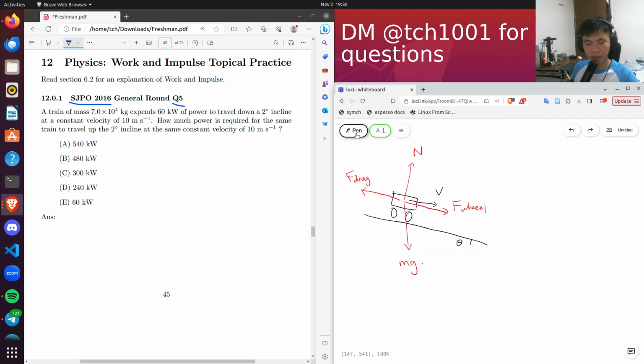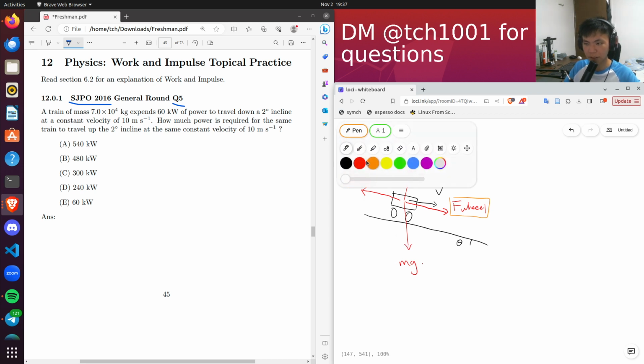So what can we deduce from this force body diagram? First of all, do note that the drag and the driving wheel force are parallel to the slope. And there's another parallel component: gravity has a parallel component also.